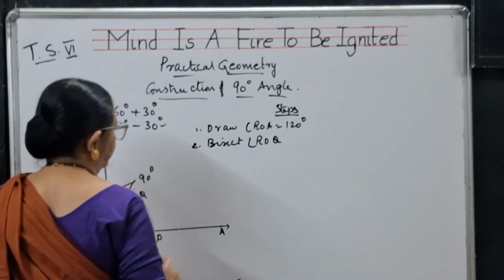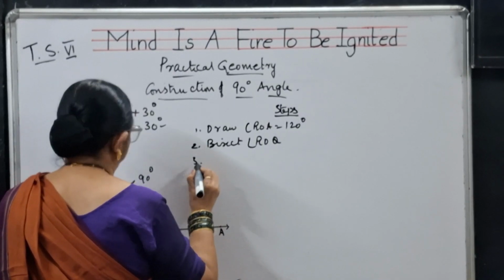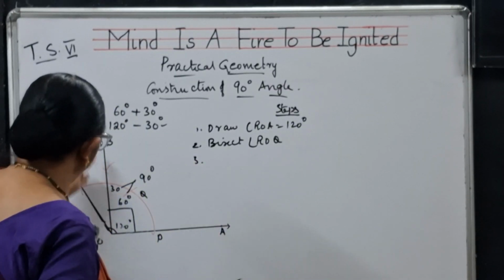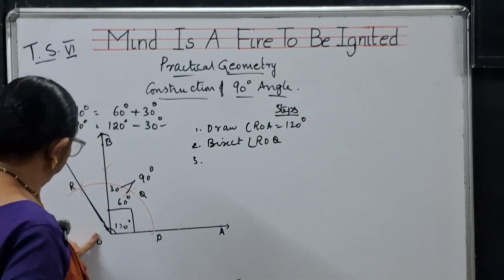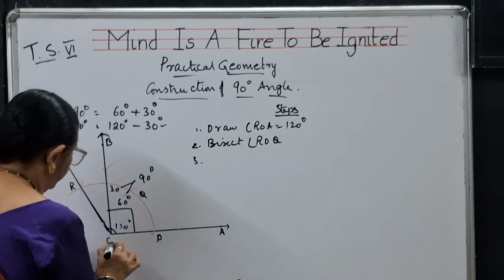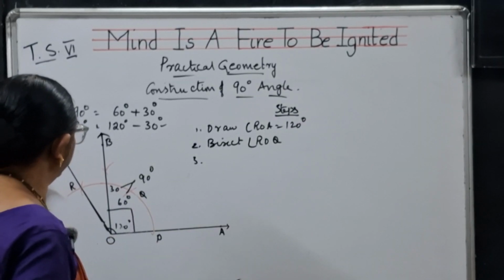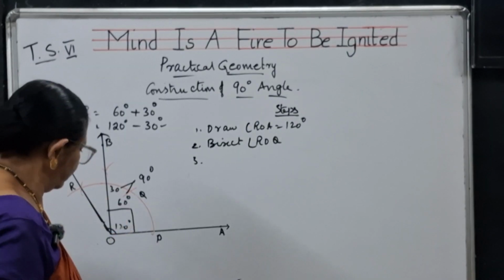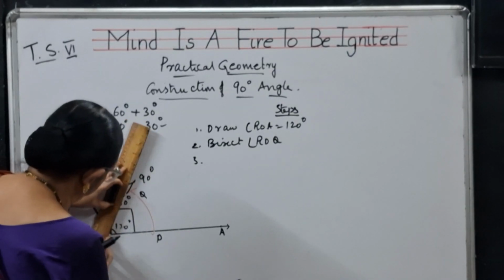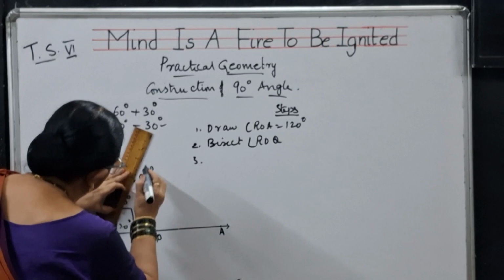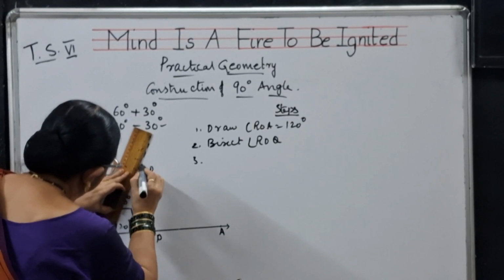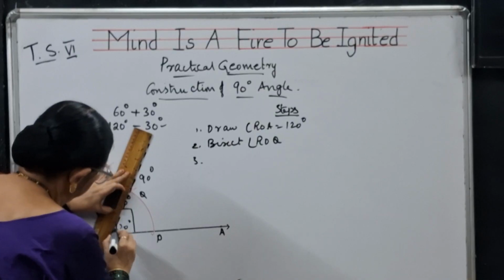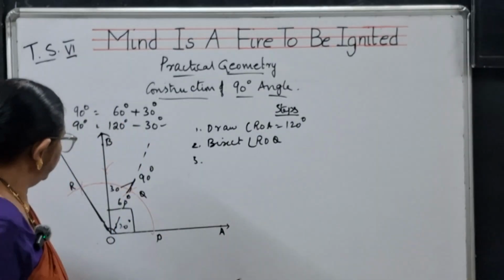So when you are bisecting angle ROQ, what are you doing? You are drawing OB ray, which is bisecting angle ROQ. If you want, you can even draw a broken line like this, so that you will have an idea.